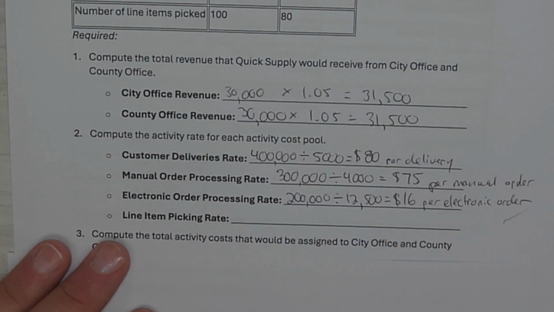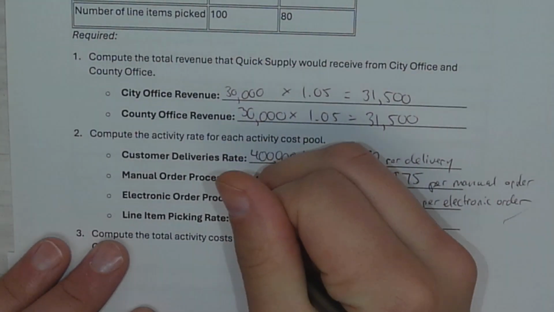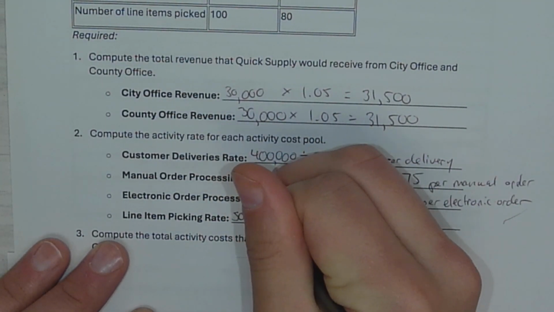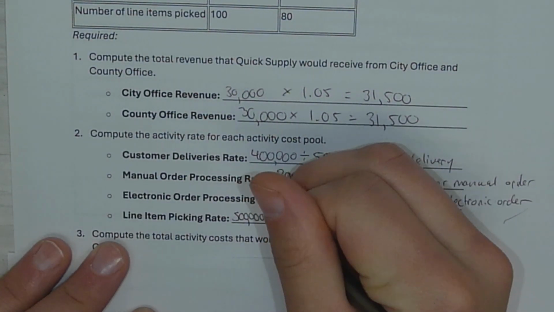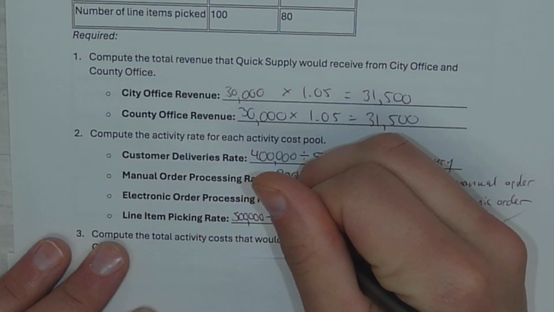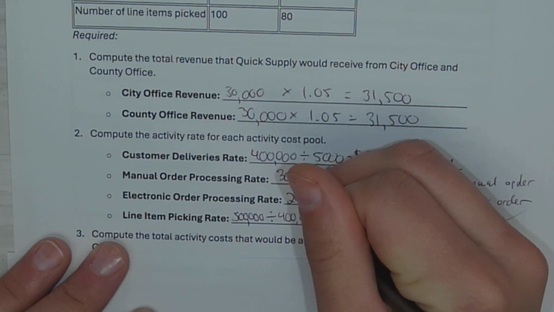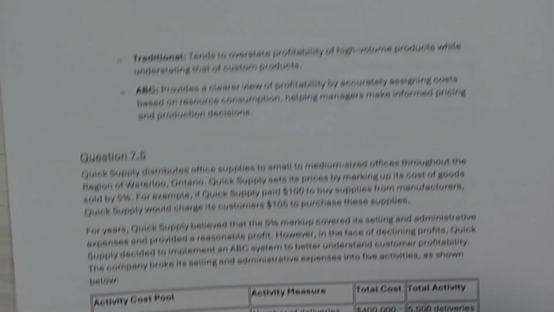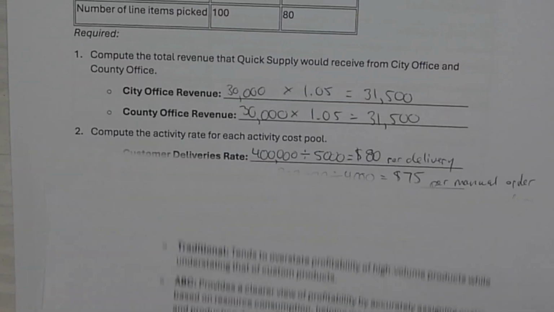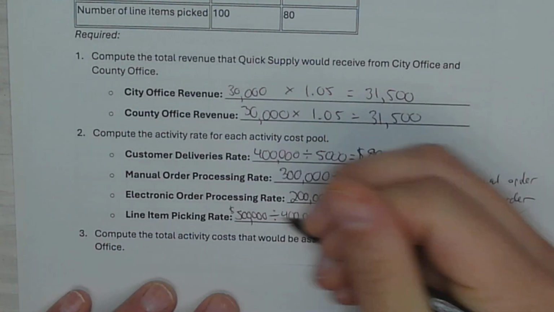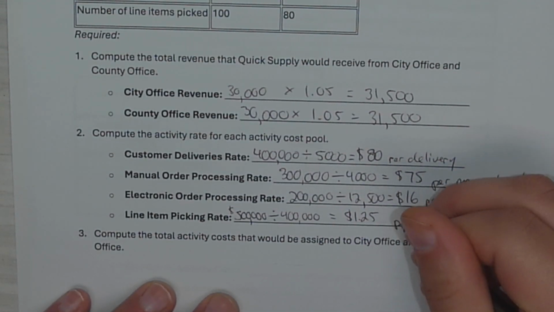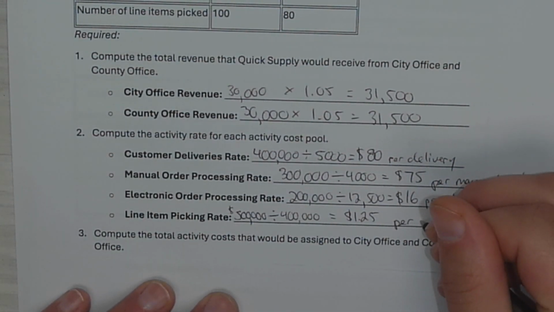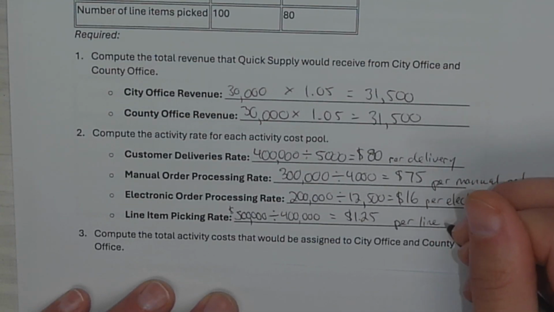So our line item picking rate was $500,000, and we had 400,000 of them, which means we have $1.25 per line item.